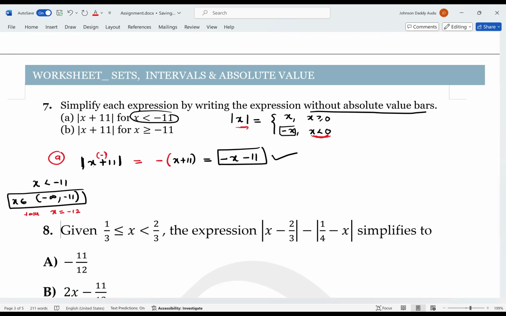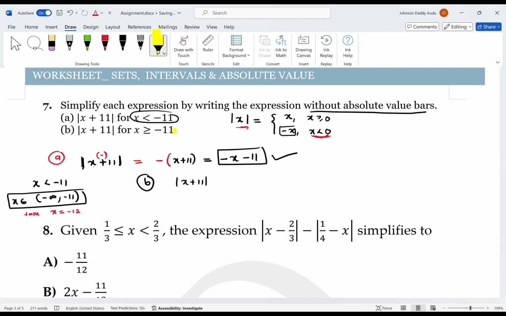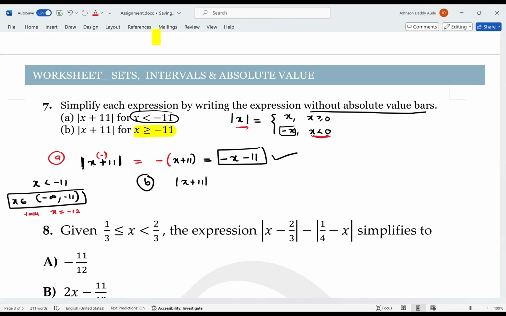Let me do the B part here. For the B part, we also want to write x plus 11 without the absolute value, but now the condition is that x is greater than or equal to minus 11.